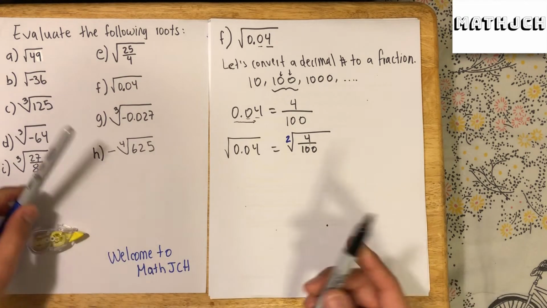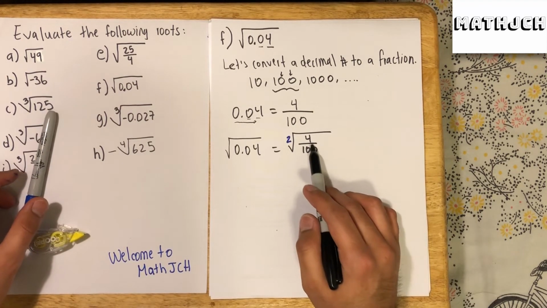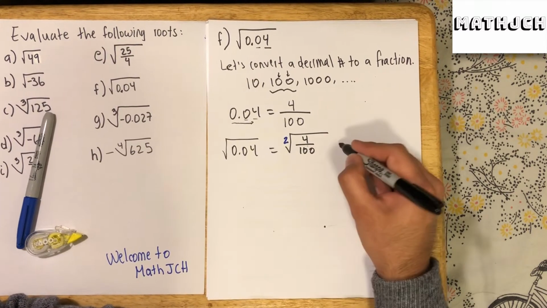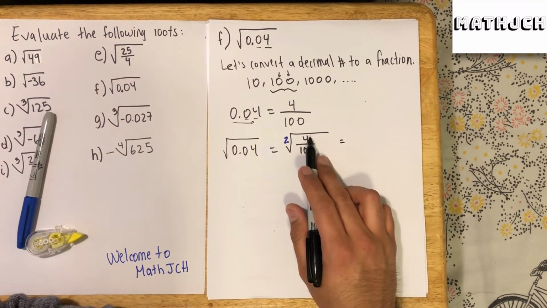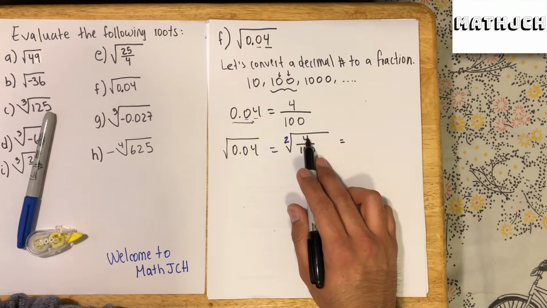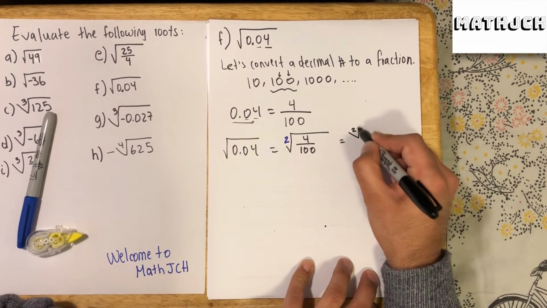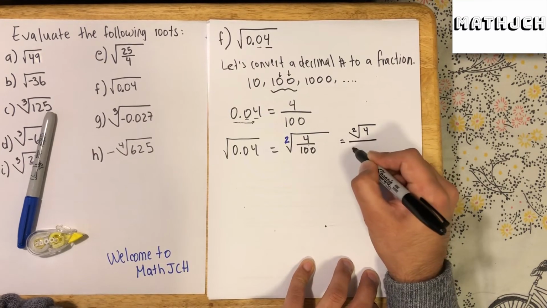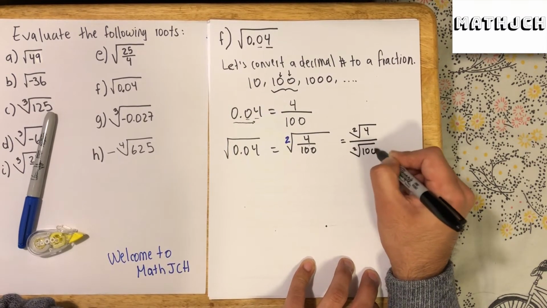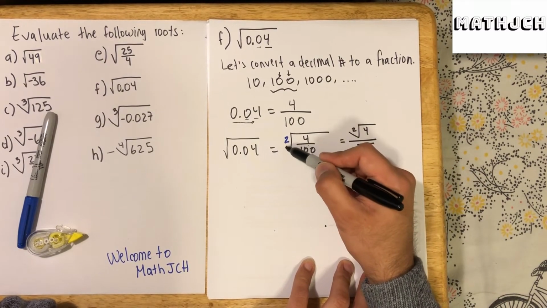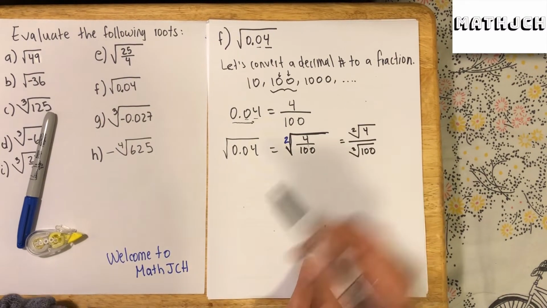That means that for every number, we're looking for some number to the power 2. But first, let's separate our fraction into each one having its own square root. That means that we're going to have a square root of 4 divided by square root of 100. Each one having its own root, since everything inside falls into the same square root.